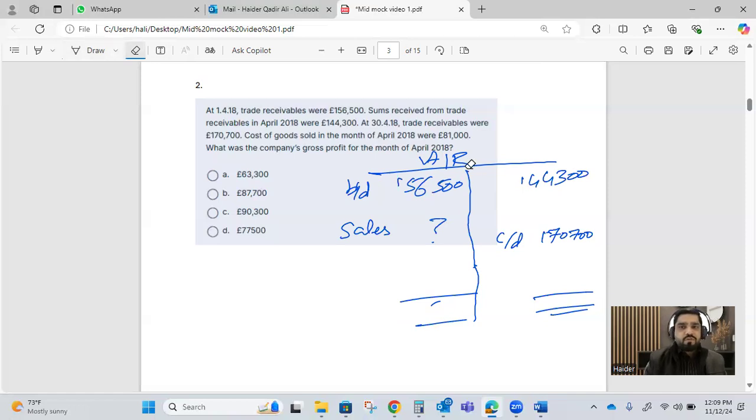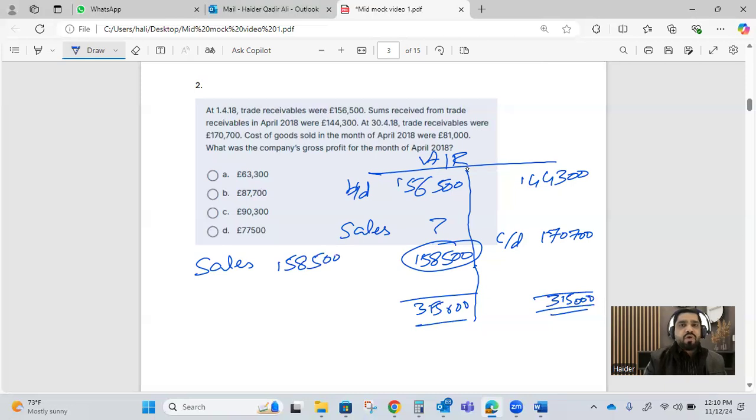I'm just totaling both of the values and I'm getting the answer. It is equal to 315,000. On both sides we should post. And then minus 156,500 from 315,000, you will find the missing value. And the missing value of sales is 158,500.